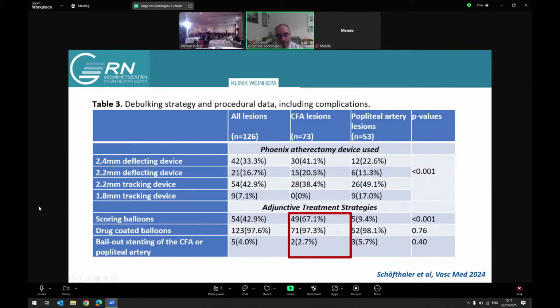In the popliteal artery, you see fewer scoring balloons, but again, a high rate of drug-coated balloons, and again, a quite low stent placement rate of about 6%.